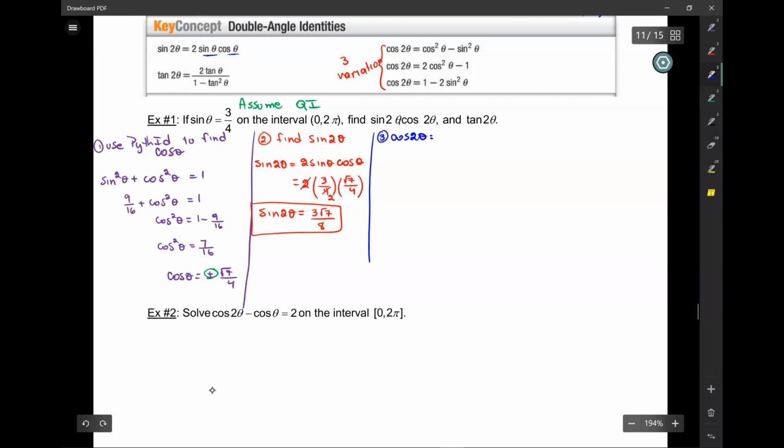Okay, so cosine of 2 theta, we can use any one of those. Which one do you guys want to use? Oh, now it's a rivalry. Fourth one.